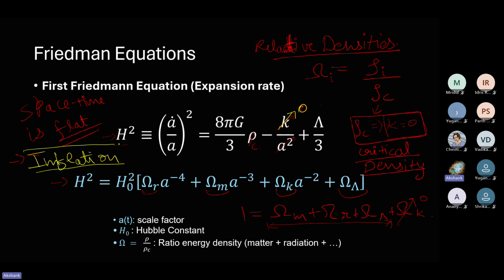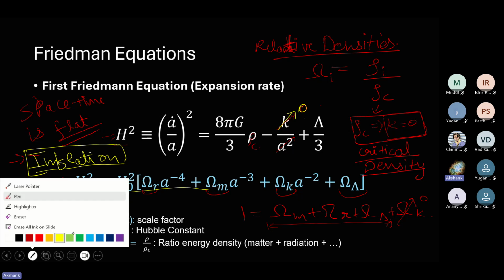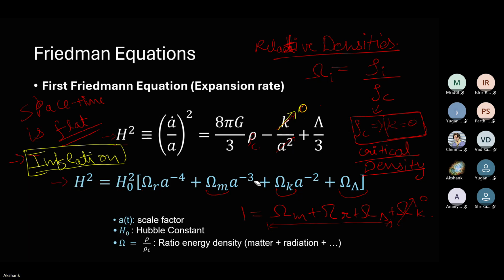So this is all for today. And yeah, coming back to this formula, you can calculate what the Hubble parameter was at some redshift if you know omega lambda, omega k, omega m, and omega r. And they are all scaling by the scale factor that we already saw.